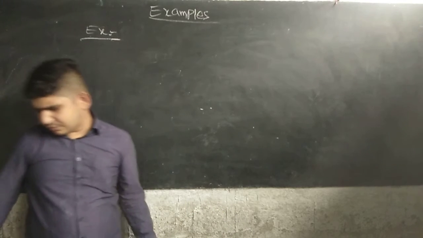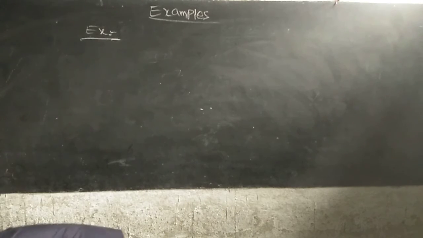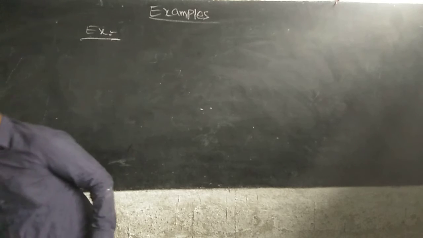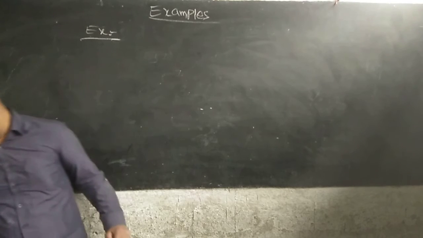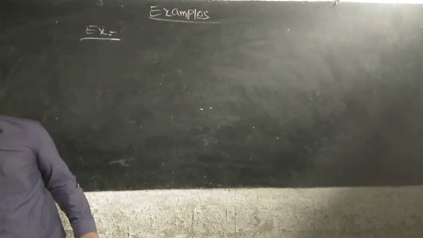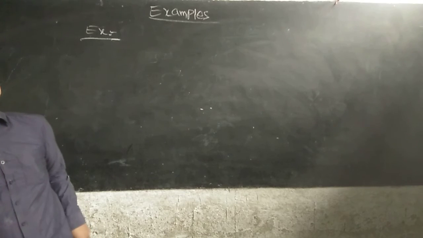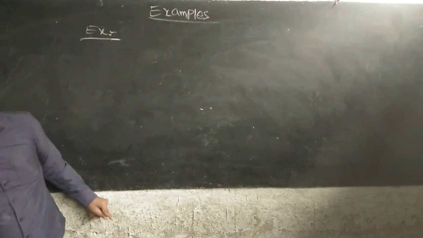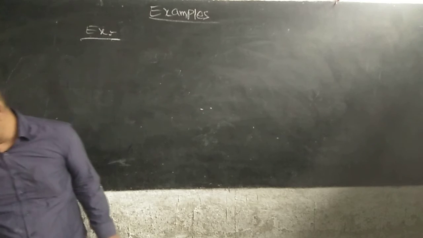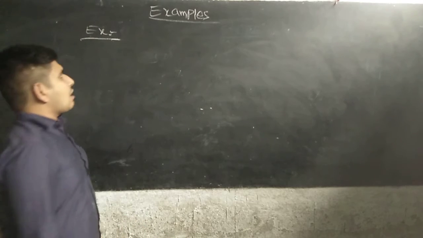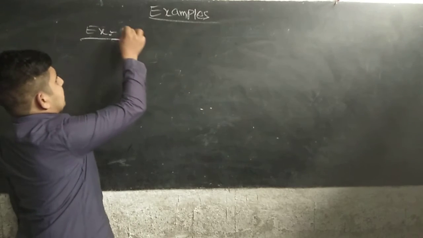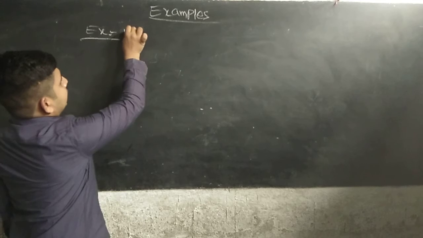What is example number 10? If sin A equal to cos B, then prove that A plus B equal to 90 degrees. That is example number 10.